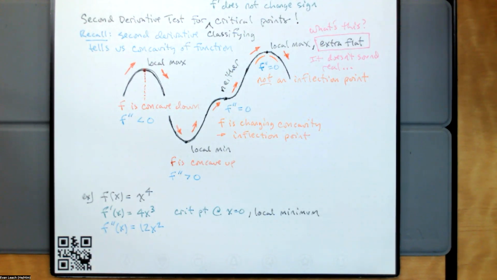Both what we know about the graph of the function and the sign of the first derivative tells us that we have a local minimum at 0. The second derivative does not tell us anything about that critical point, because the second derivative is also equal to 0 at 0.